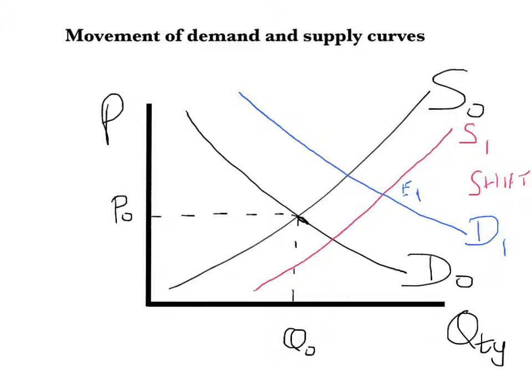However, I could have drawn the curves where this demand curve hasn't shifted out so far, it's only gone out to a point here perhaps, and therefore we can't actually say anything about price. So in this particular case, what we would say is that price is indeterminate.